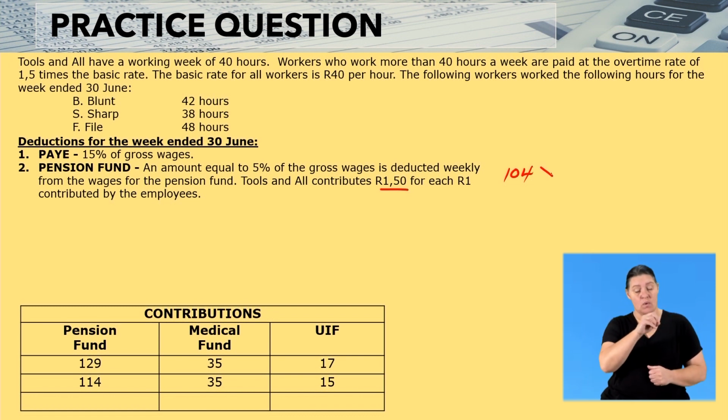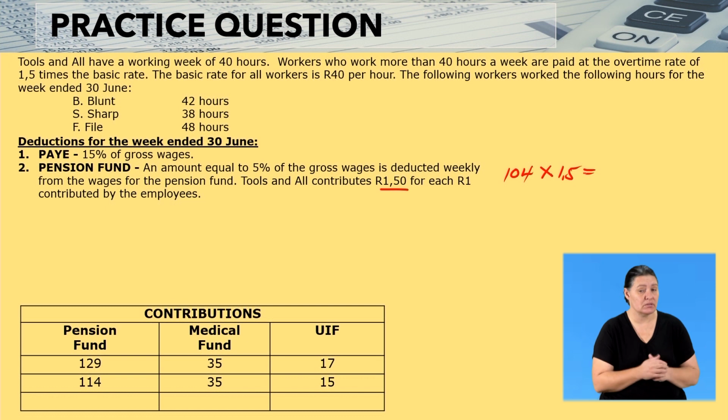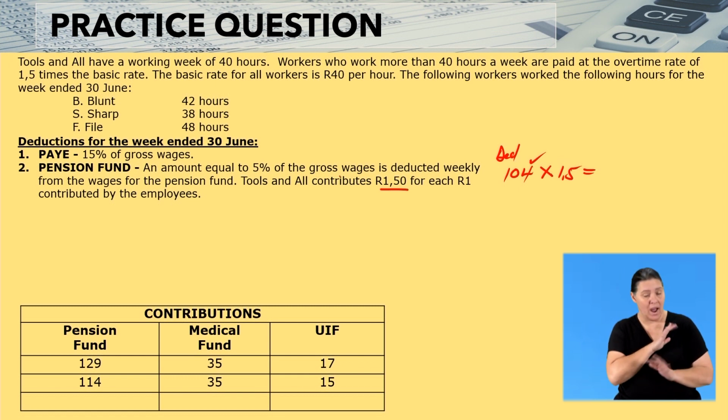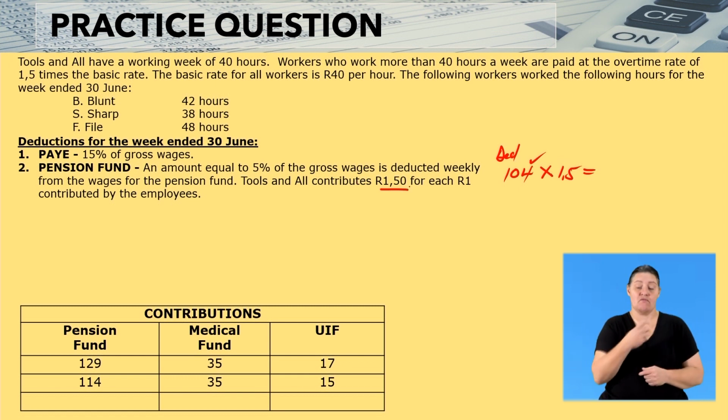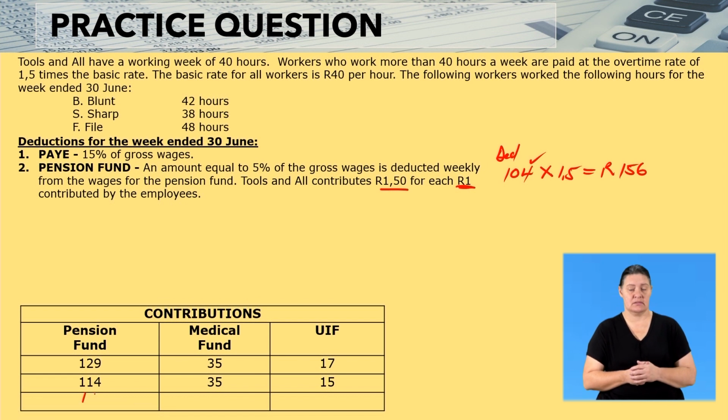So I'll say 104 multiplied by 1.50. How much do you get on your calculator? 156. So I'll come down here and I get 156. That becomes the pension fund.